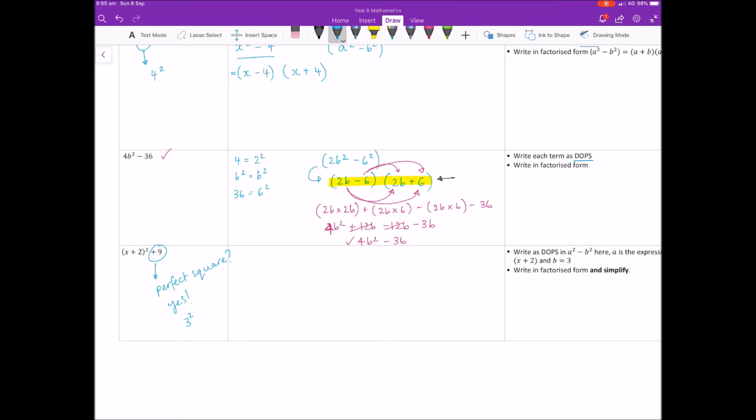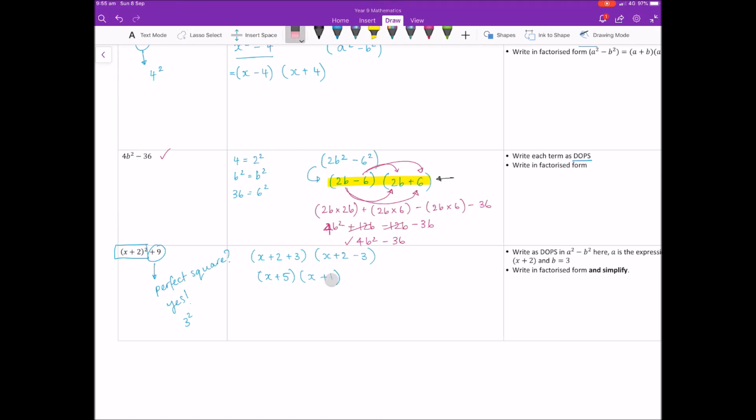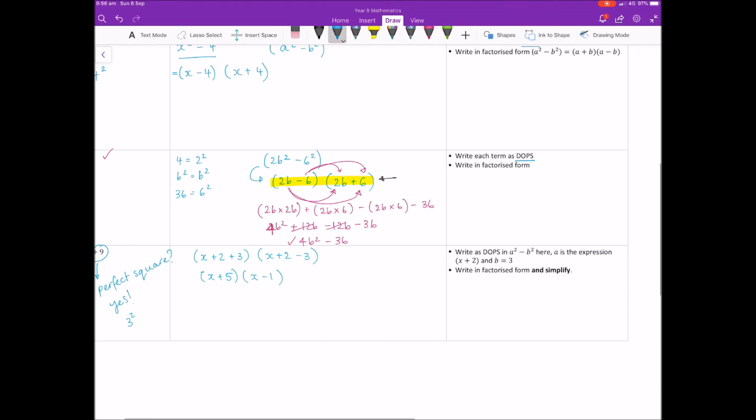So when we expand this, we're going to have x plus 2 plus 3, and then x plus 2 minus 3. The reason I've written x plus 2 twice is because this part of the term has been raised to the power of 2, which means it's been multiplied twice. So now we get x plus 5, and then x minus 1, sorry. And that is how we factorize expressions.